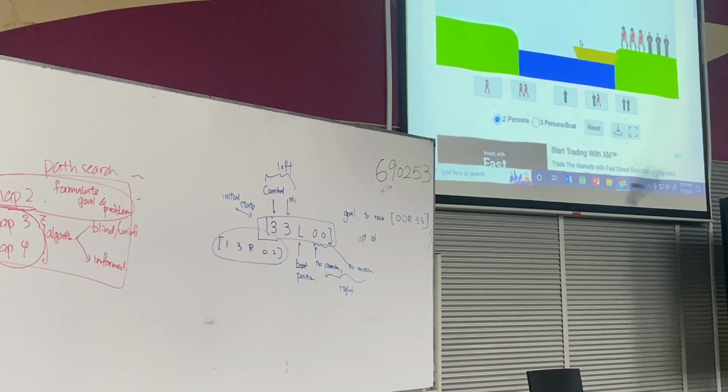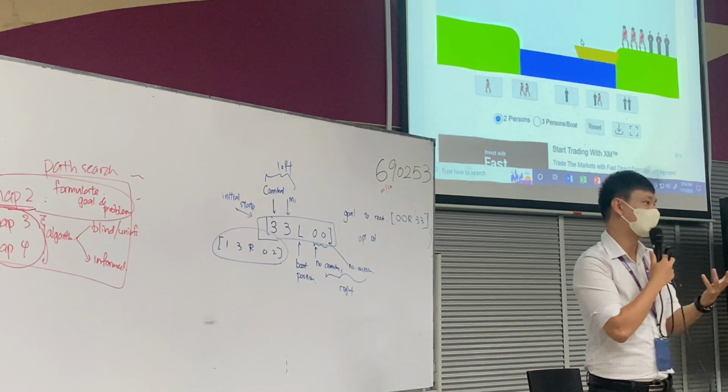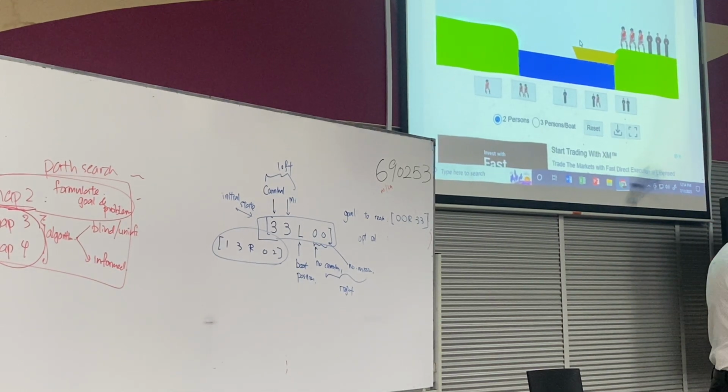The food? That one is your condition. That one is your objective. You don't want to let the missionaries be eaten by the cannibals. That is your goal. That is not the optimization. That is not your feasible solution. Feasible solution, what is the best solution? What is the best solution that you would like to achieve in this case?